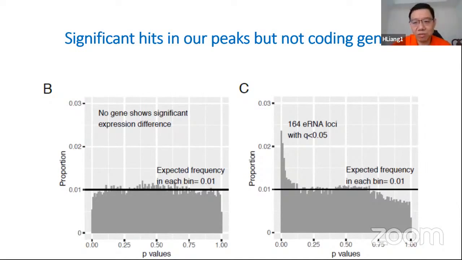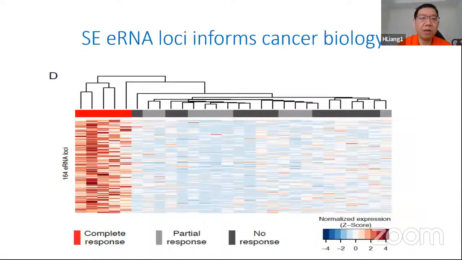But on the other side, based on our enhancer map, where you can quantify enhancer RNA in melanoma, you see a significant peak where you can identify hundreds of very significant enhancers showing differentiation. And if you base on those enhancer RNA signatures, you can classify.